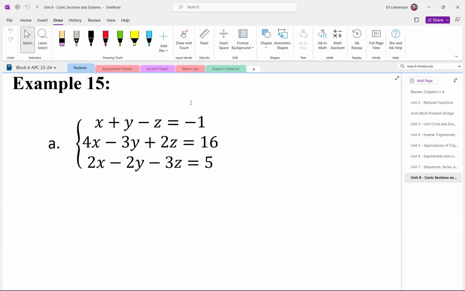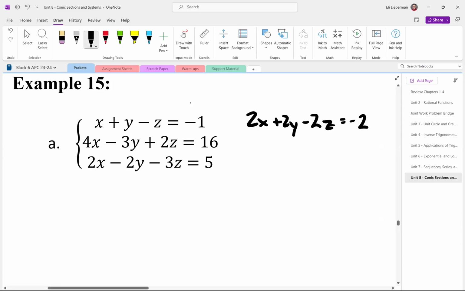So what you want to do is break this down from a 3x3 to a 2x2 by eliminating the Z's. So first thing we'll do, which equations should we use first? First and second equations. To eliminate the Z's, we have to multiply the first one by 2. So we have 2x plus 2y minus 2z equals -2.